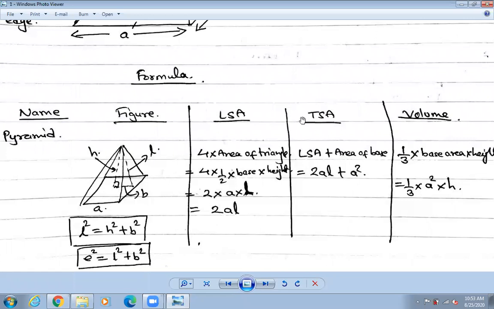So if LSA, TSA and volume all three are asked, we need to find out L also and H also.